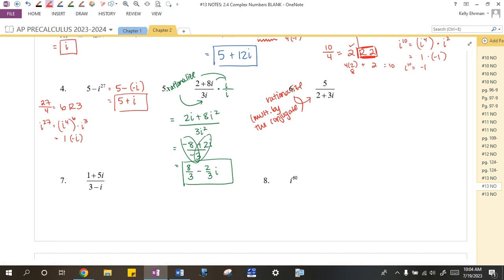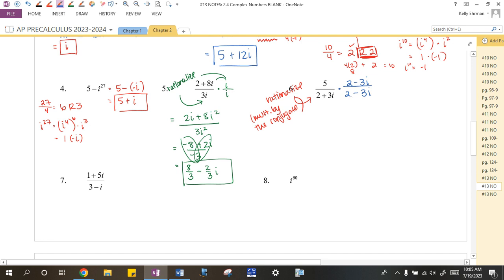Conjugates multiply nicely. Think difference of squares. x plus 5 times x minus 5, those are conjugates, and they multiply to be x squared minus 25. So if I multiply by the conjugate here, the conjugate of 2 plus 3i is 2 minus 3i. So a conjugate is just changing the sign in the middle.